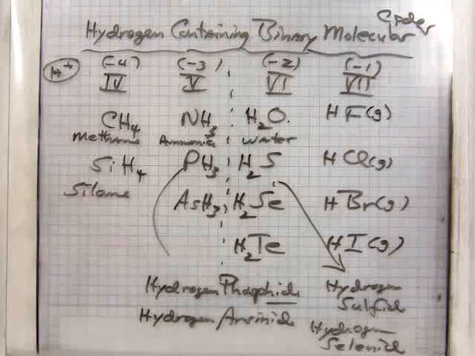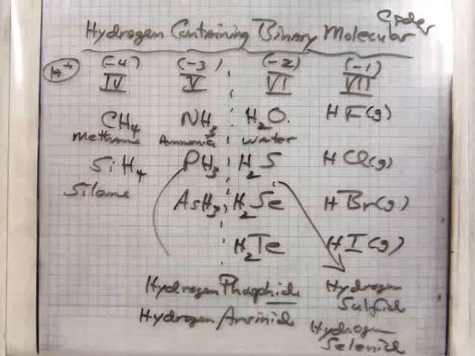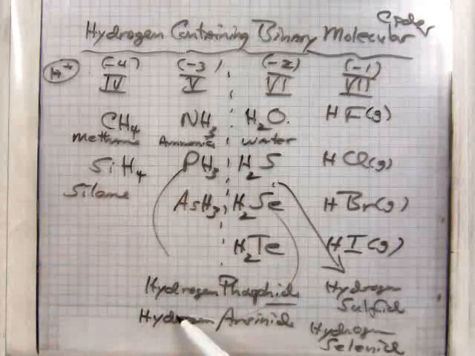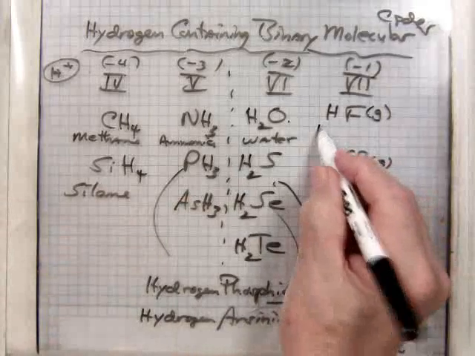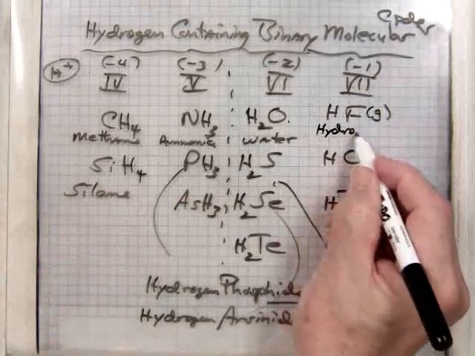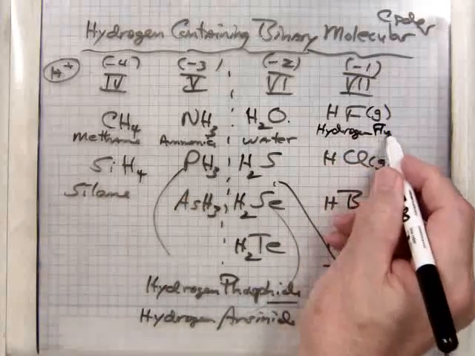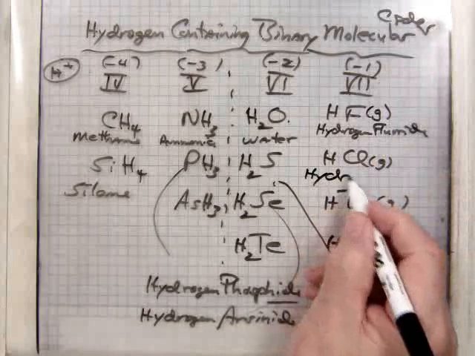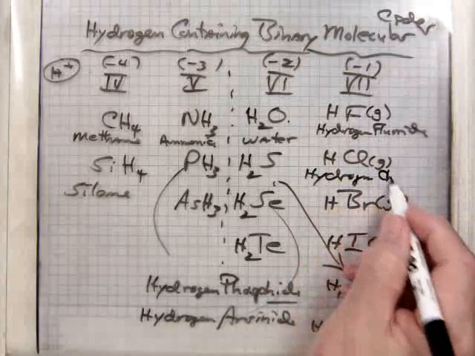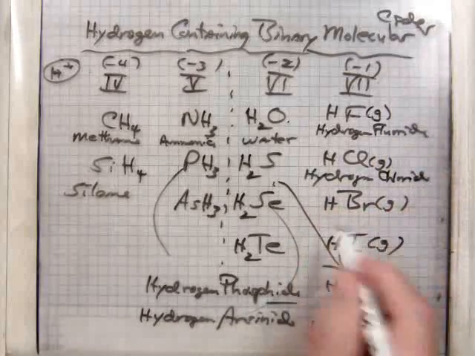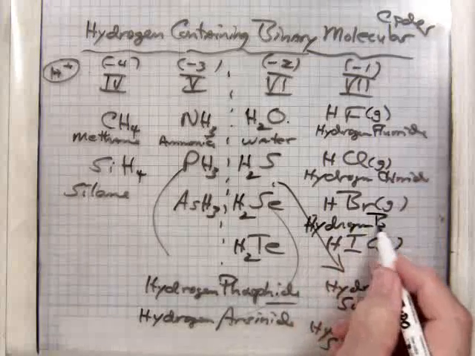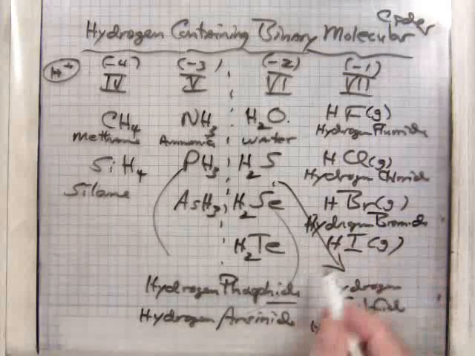If that's the case and they're not in water, you call them hydrogen fluoride, just like you did with the others in this systematic process. So that would be hydrogen fluoride, hydrogen chloride, hydrogen bromide, and hydrogen iodide.